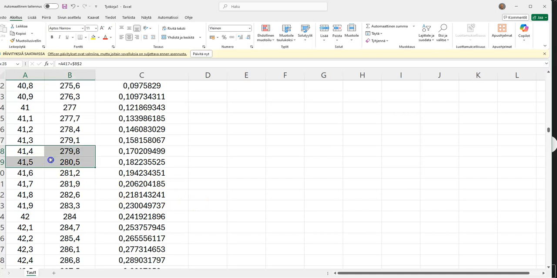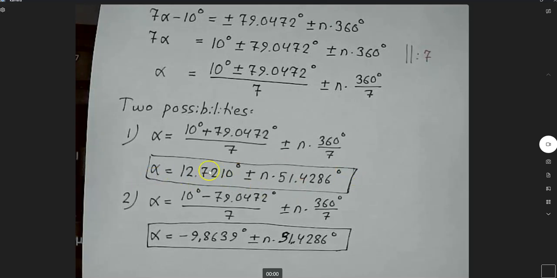So here we saw that alpha will start with 41.5, and from this picture we can see this solution we found, 12.7 there. If we give n the value of 1, then we will get 12 plus about 51.